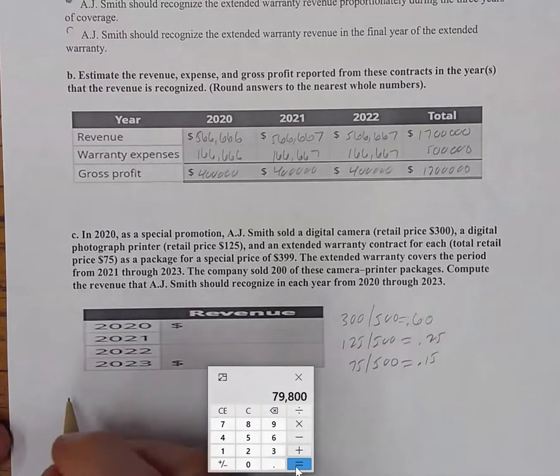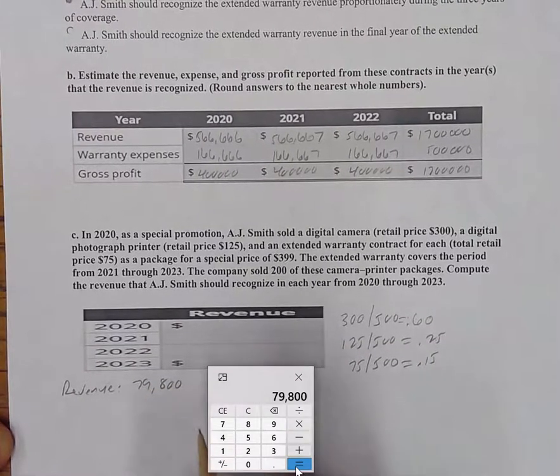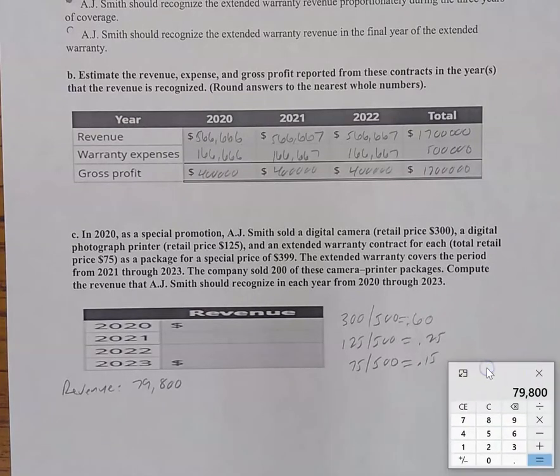Okay? So revenue $79,800. But we're not going to recognize that all at once. Instead, what we're going to do is a little different. So remember, these sales took place in 2020. The warranty period covers 2021 through 2023.